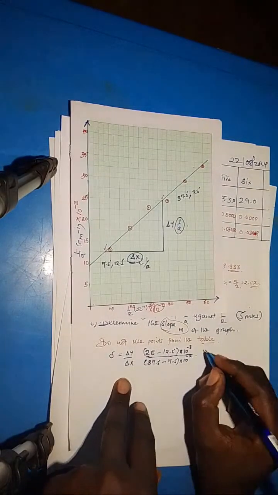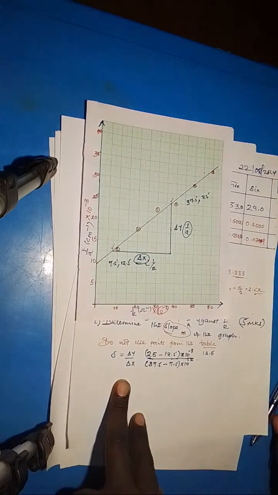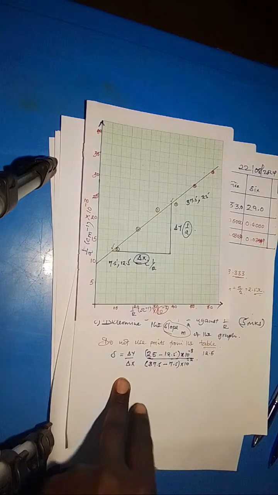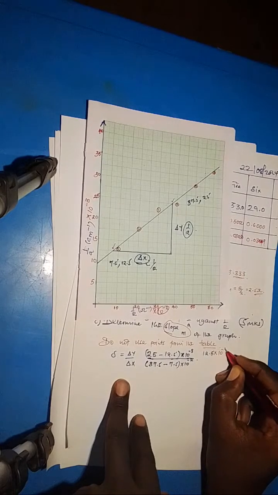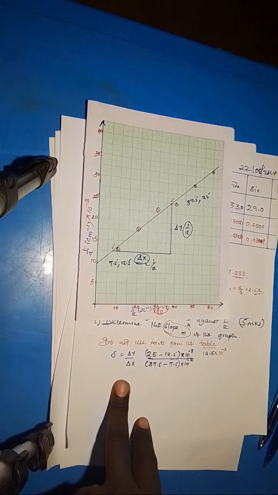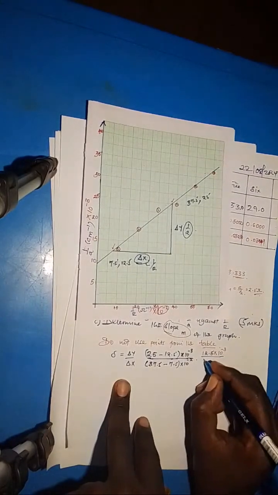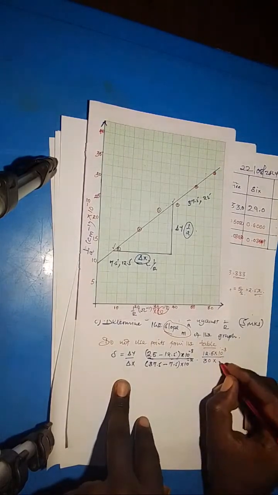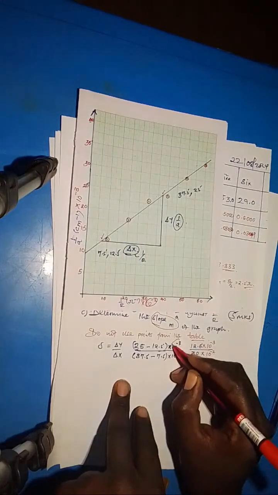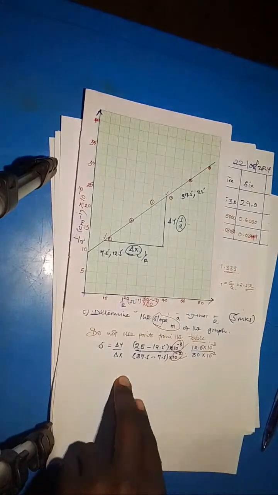Then in this case, we'll have 12.5 times 10 raised to power negative 3 over 30 times 10 raised to power negative 2. It is very important to have this. Very, very important.